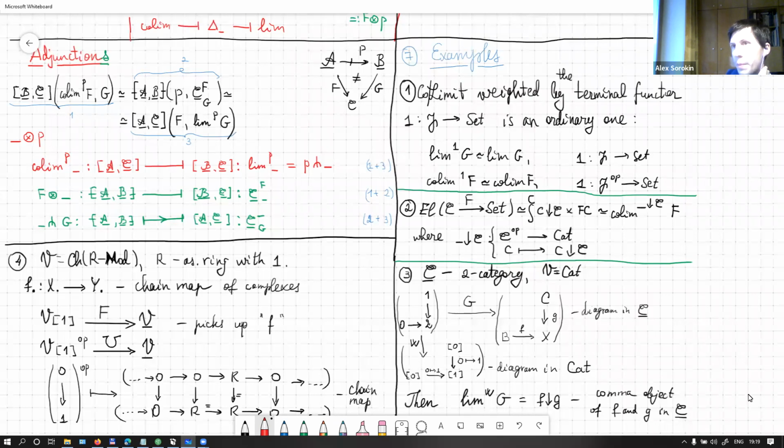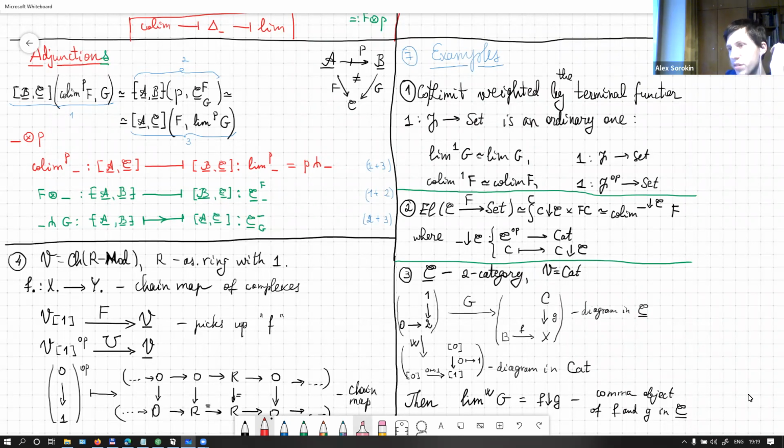This was before. Now we want to find an appropriate generalization of this fact: whether weighted limits and colimits have adjoints, and if they have, how these adjoints look.